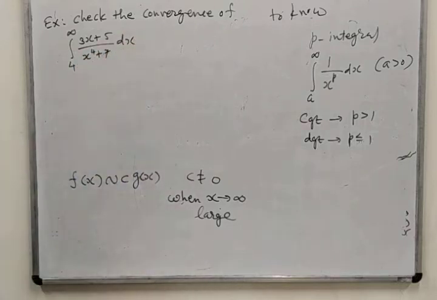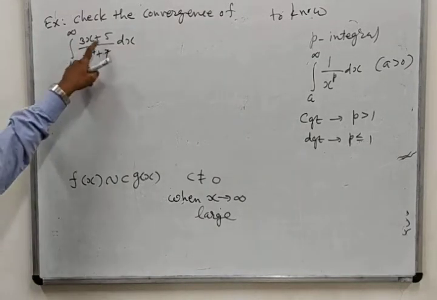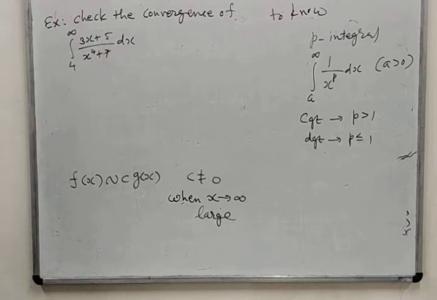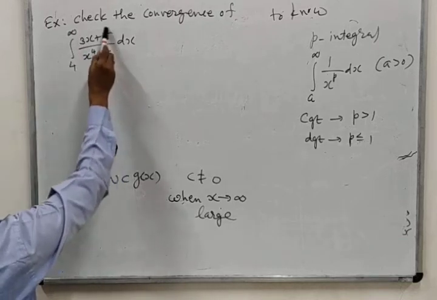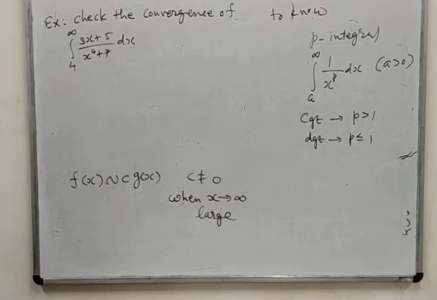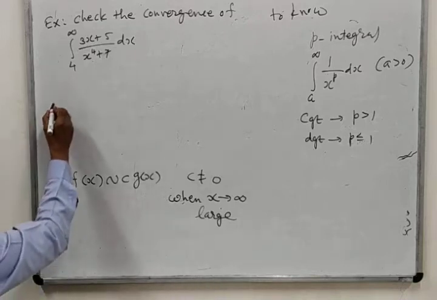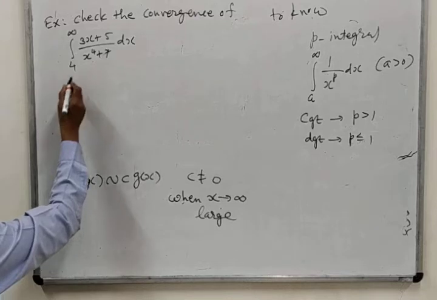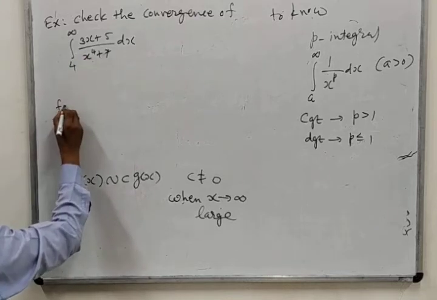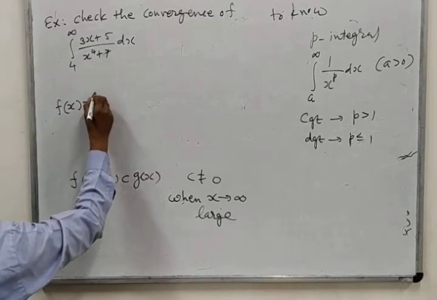Here you can see the function is (3x plus 5) upon (x raised to 4 plus 7). The integration is very difficult for us to do. If you are able to do the integration, there is no problem; you can do it directly without following any theorem or comparison test. But here the integration is very difficult, so we will use another idea.